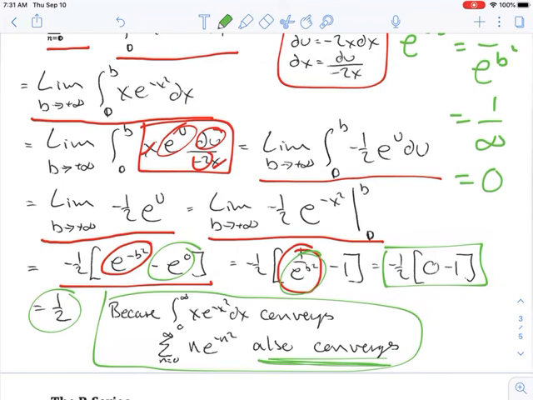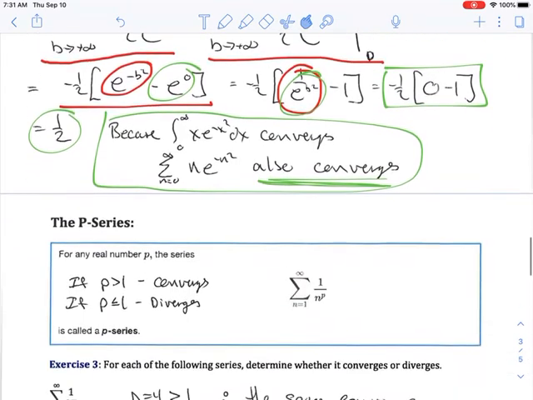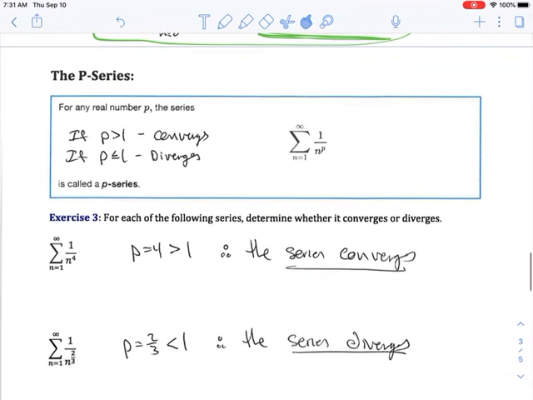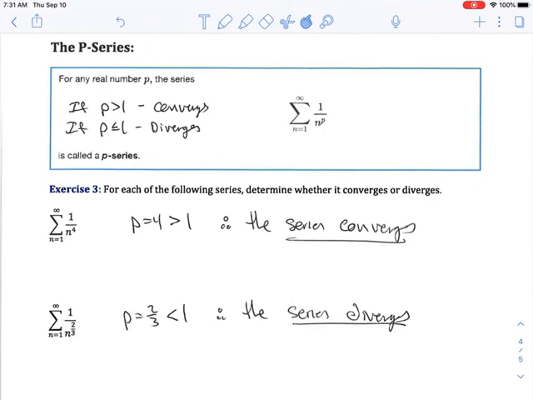And I'm going to real quick show you one more test called P-series. This isn't really so much a test. This is just a type of series, right? So a P-series is any type of series where the sequence is 1 over n to the p. You have n raised to some power.